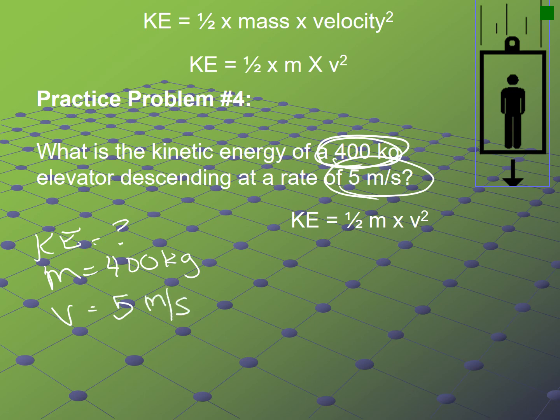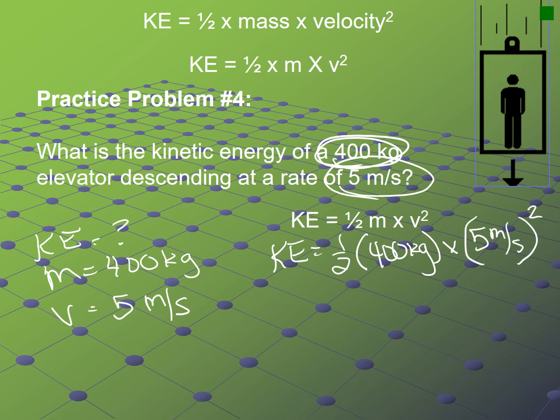So now plugging this into the formula, in which I'm going to have to show this work, KE equals 1/2 m, which is 400 kilograms. Yes, you do have to write the units initially, times my v squared, so 5 meters per second, put parentheses around it, and then put that squared on the outside. Now, if you want, after that, you can drop the units because it does get a little confusing for students.